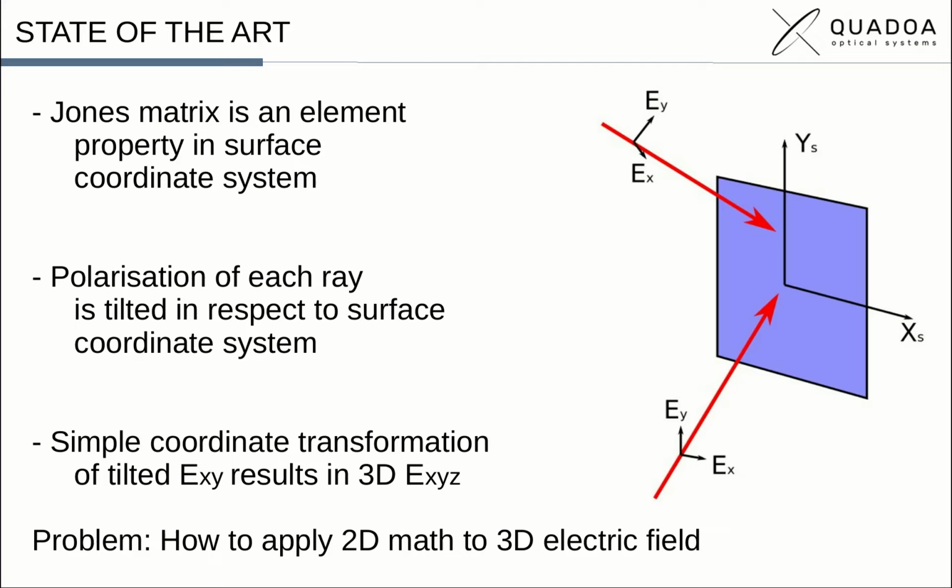The problem now arises if we have rays that are tilted in respect to the surface coordinate system. In this case, we somehow need to transform the electrical field of the ray, which is in the 3D space, into the local coordinate system. So basically the problem is how to apply the 2D math of the Jones vector or the Stokes calculus to the 3D electrical field.